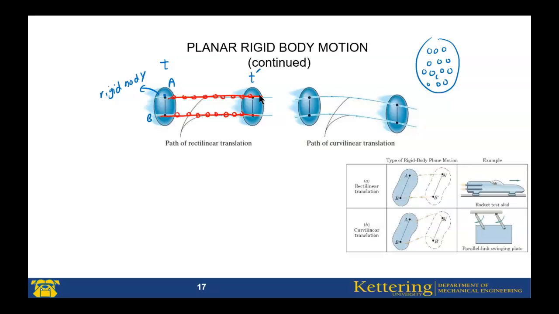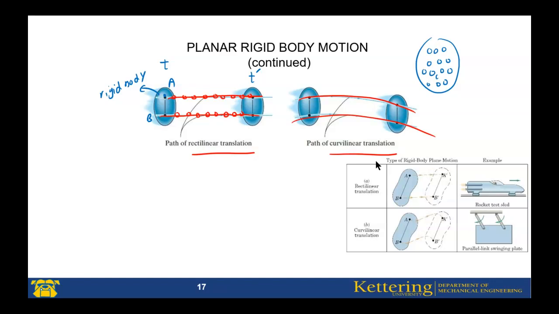Means that this one is called a rectilinear translation. Similar to this one, if these two points move along a curved path, it's called a curvilinear translation. Now, one example is a rocket car, just moving.